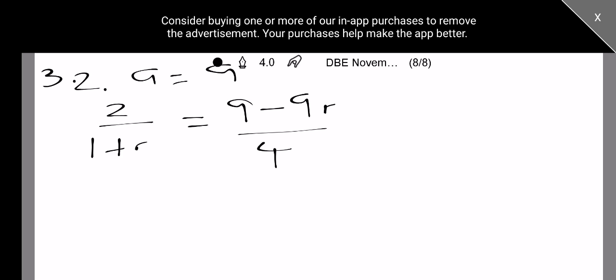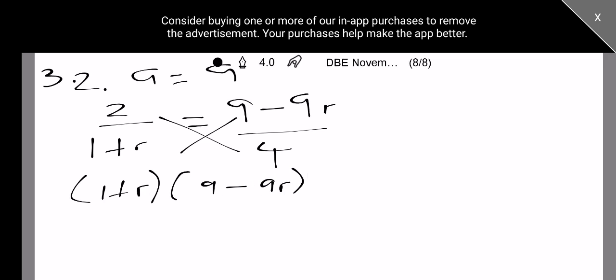Now let's cross multiply. We're going to have 1 plus r multiplied by 9 minus 9r equals 2 times 4, which is 8.